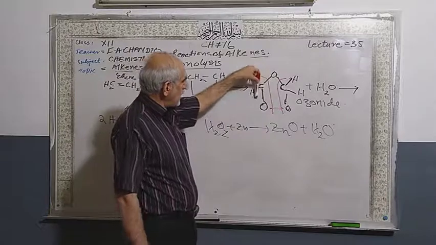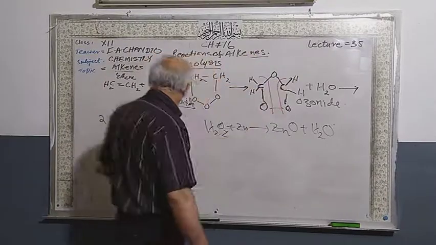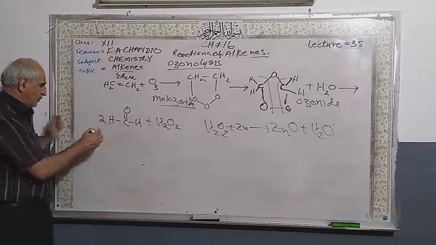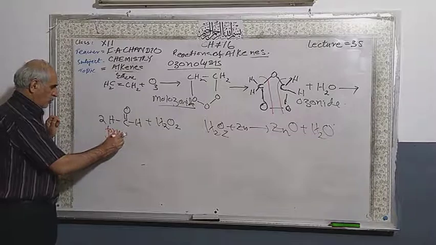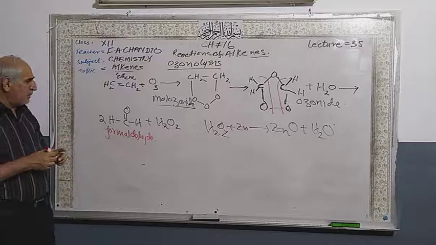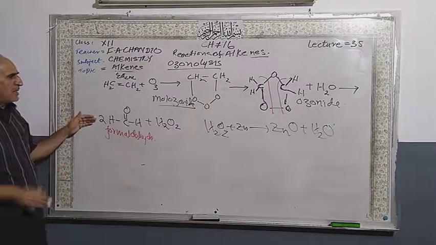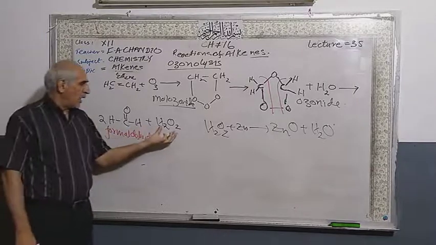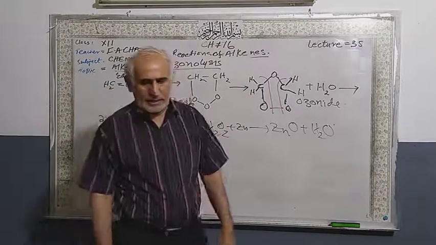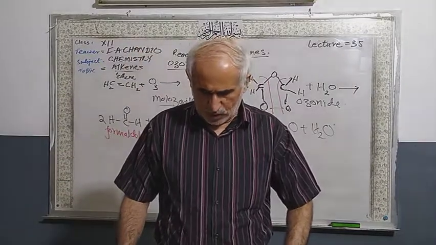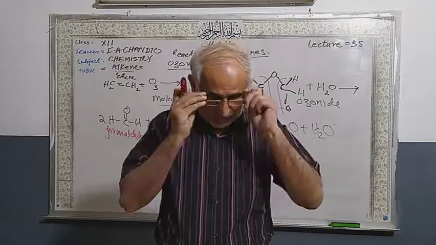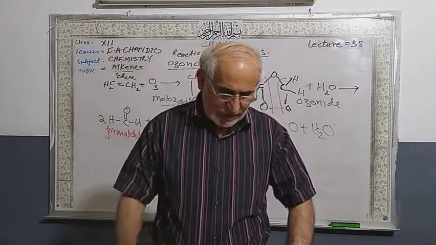These two parts separate, the oxygen with water forms hydrogen peroxide, and this is formaldehyde. The same aldehyde is formed, and hydrogen peroxide reacts with zinc to form zinc oxide and water. So this is ozonide reduction taking place.